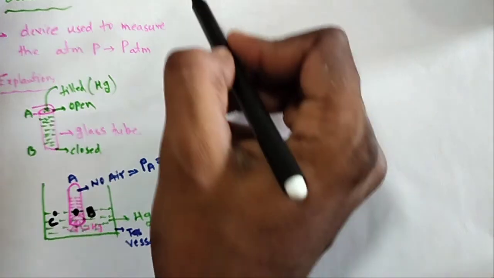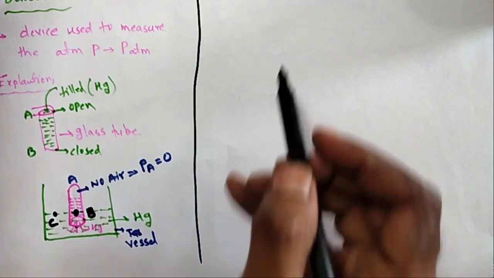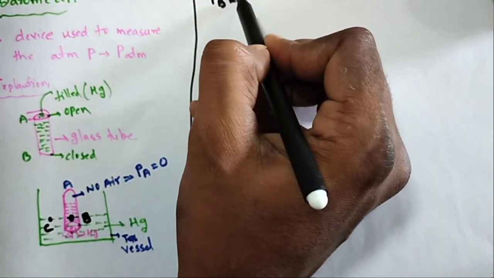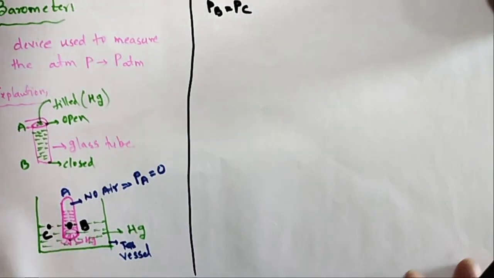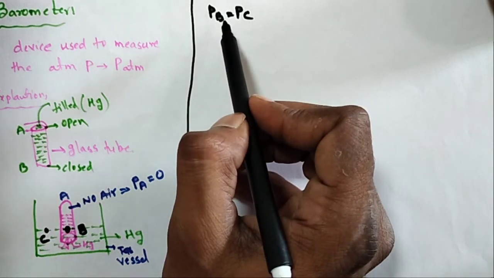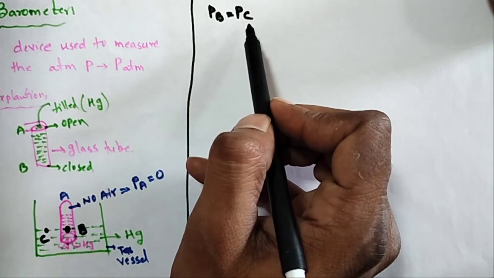According to Pascal's law, their pressures are equal, that is Pb is equal to Pc. What is Pascal's law? At the same level, the pressure will be equal. Therefore I write Pb is equal to Pc.